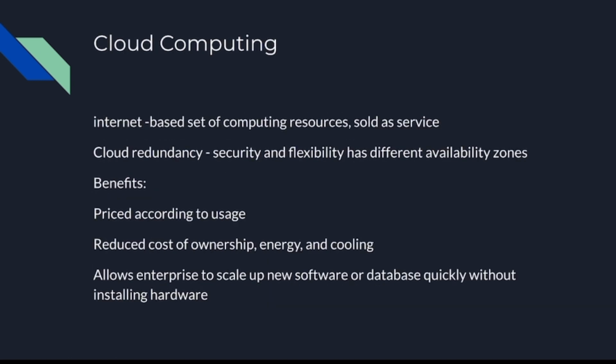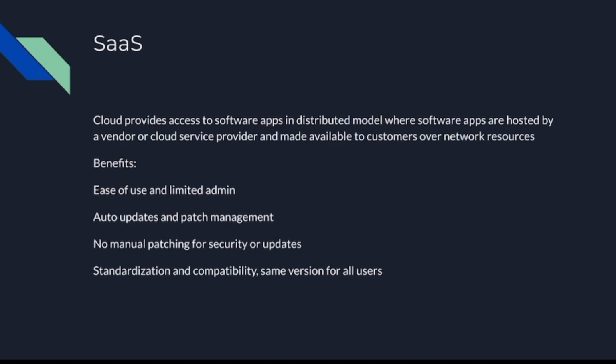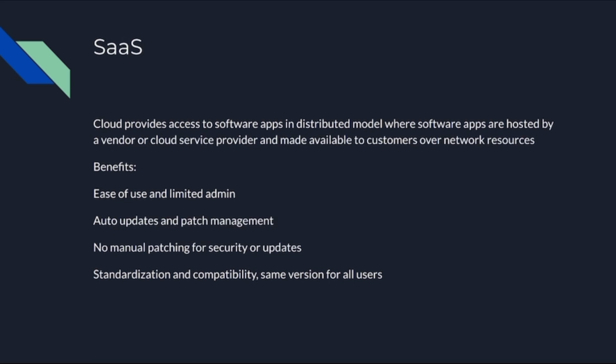Cloud computing. So you're probably familiar with AWS. That is cloud computing, a set of computing resources typically sold as a service. Some benefits are that usage is metered and priced according to units consumed. There's reduced cost of ownership because there's no need to buy an asset for everyday use.